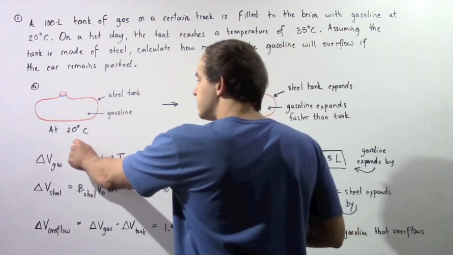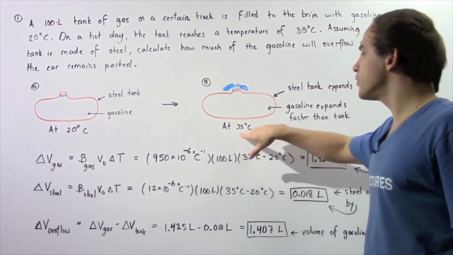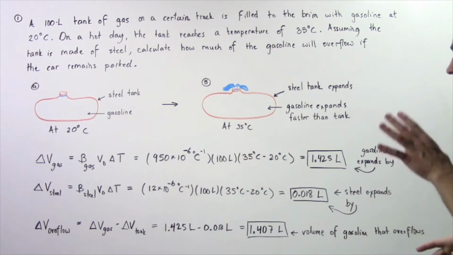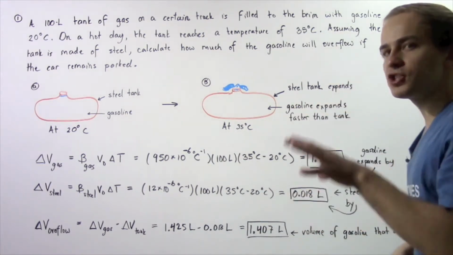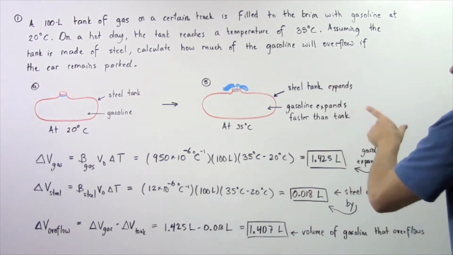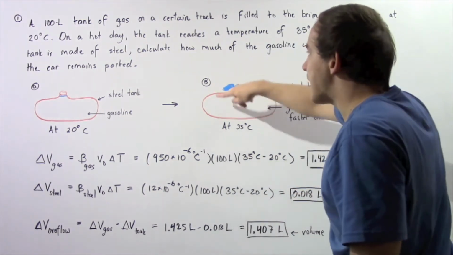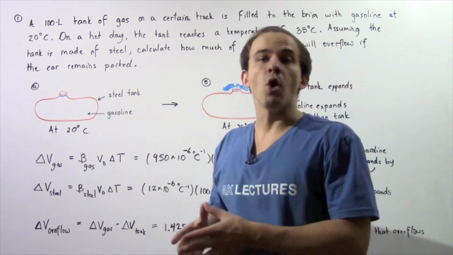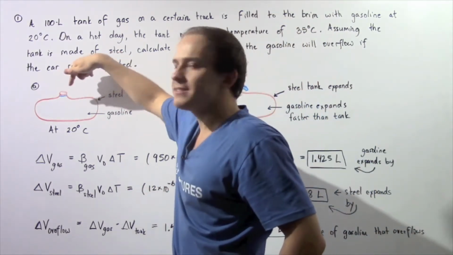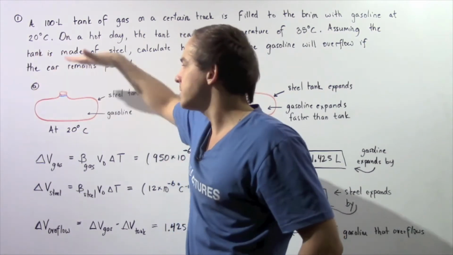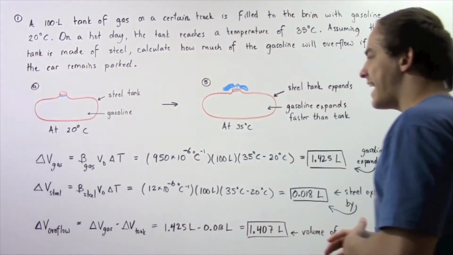So we go from 20 degrees Celsius to 35 degrees Celsius. Now, because the gasoline expands at a faster rate than our steel tank, some of that gasoline will end up overflowing because, as I said earlier, our gasoline is filled to the brim, to the top of our tank.